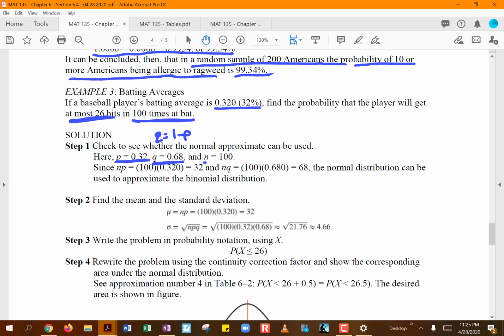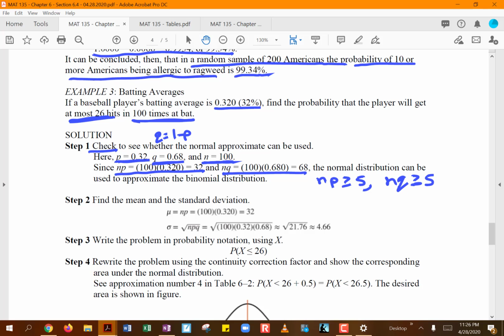So to check our values to see if we can even use normal approximation, n times p gives us the number 32, n times q gives us 68. So again, both n times p and n times q are greater than the number 5. We can of course use normal distribution over here.